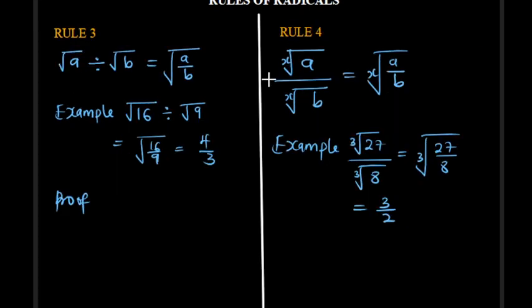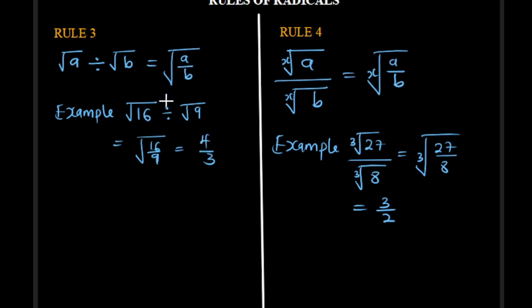Then for rule number 3, we have root a divided by root b is equal to root a over b. So an example is given here: root of 16 divided by root of 9. This is equal to root of 16 over 9, which is equal to 4 over 3.